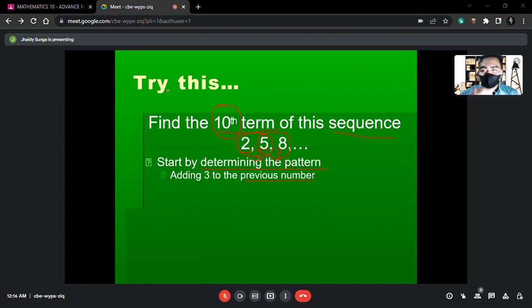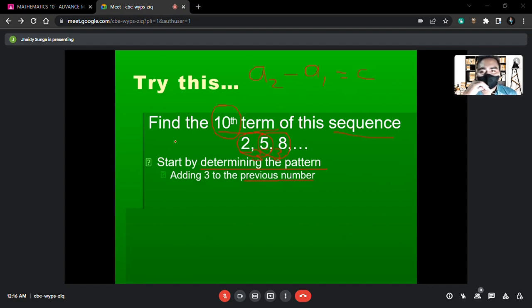In order for us to get the common difference, it would be the second term, or a sub 2 minus a sub 1, right? That is equal to the common difference.